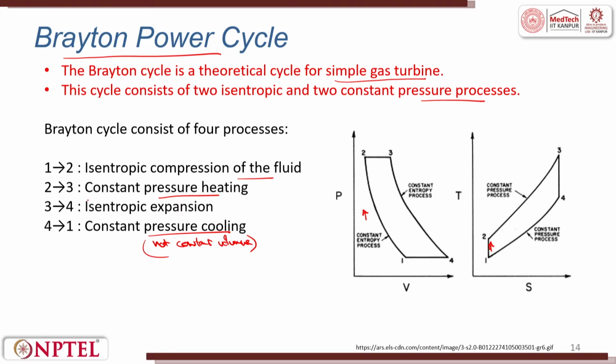And 2 to 3 is a constant pressure heating process. 2 to 3 is pressure constant here, but it is a heating process, the temperature is rising. Then comes isentropic expansion, the process 3 to 4. 3 to 4 is isentropic, the entropy does not change, but it is expansion, that is the volume is increasing from state 3 to state 4.